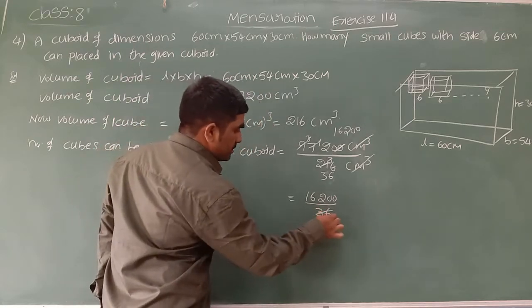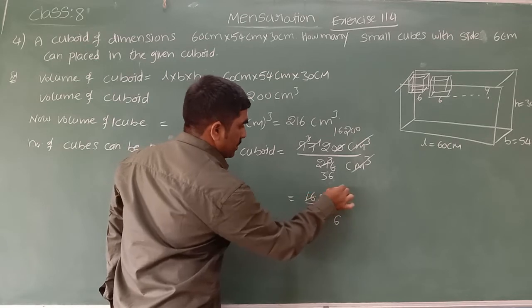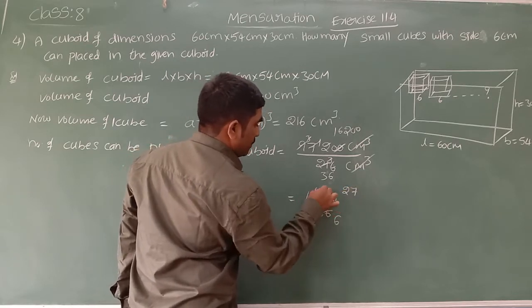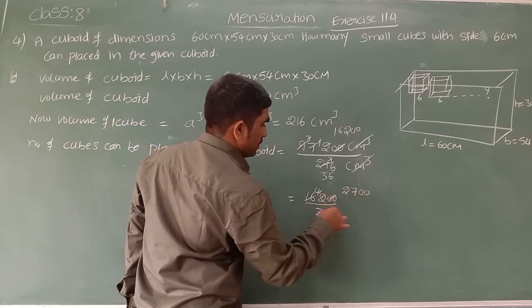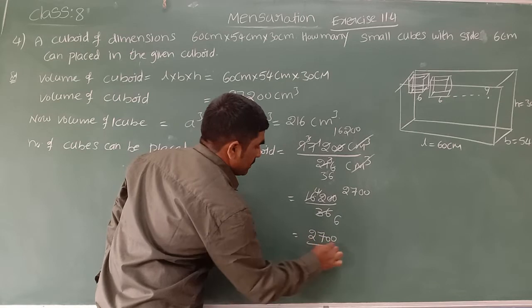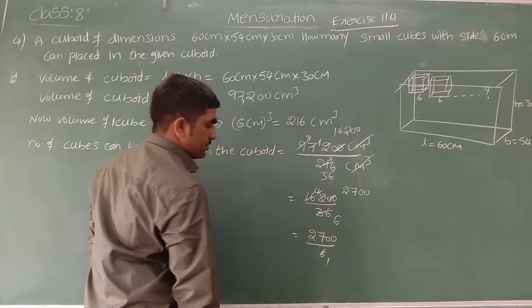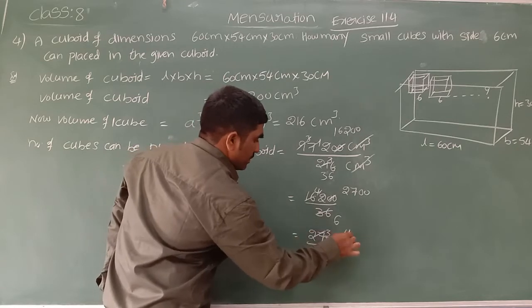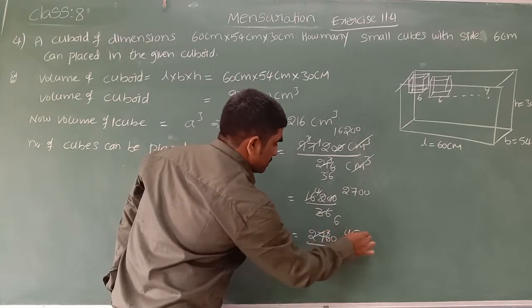Again in the 6 table you can see 6 6s are 36, 6 2s are 12, 6 7s are 42, 6 0s are 0. Again you can see 2,700 by 6. 6 1s are 6, 6 4s are 24, 3 left, 6 5s are 30, 6 0s are 0.